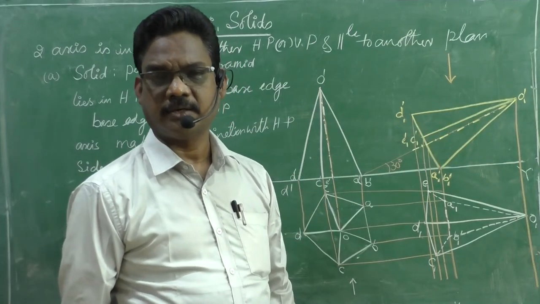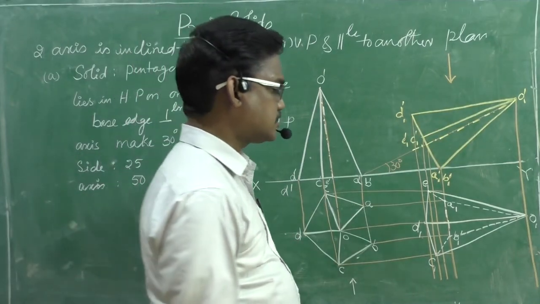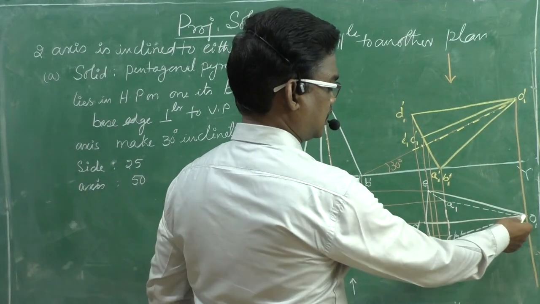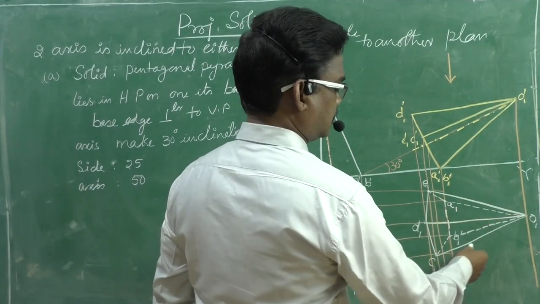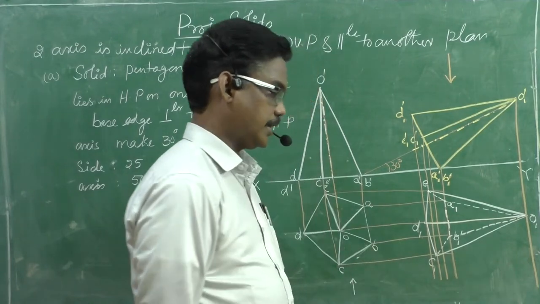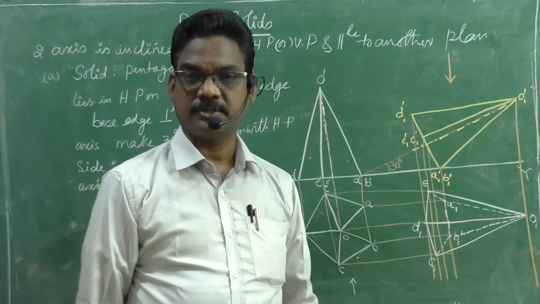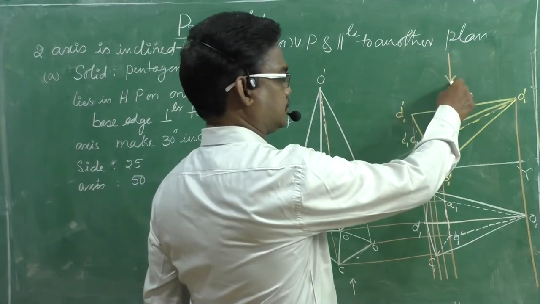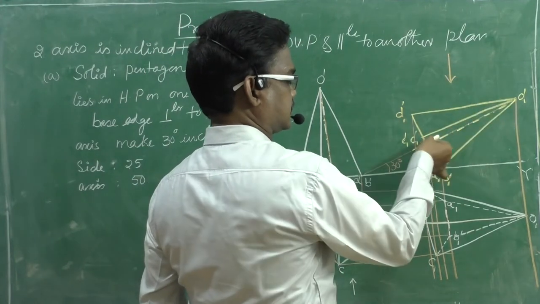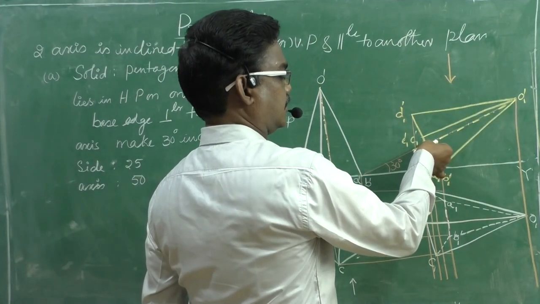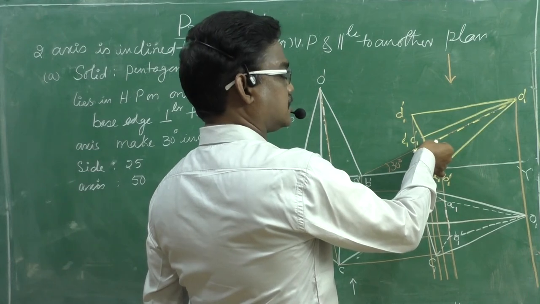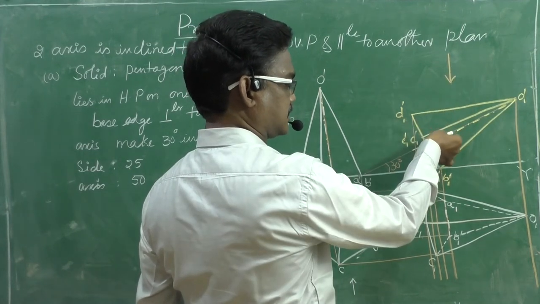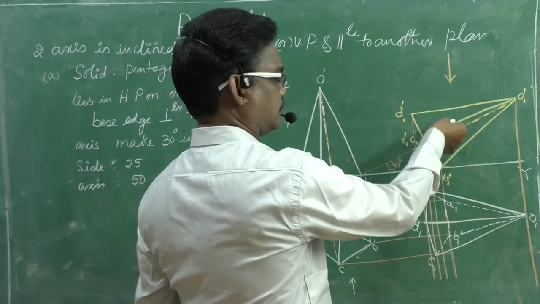That is the reason the outer profile must be a continuous line. Therefore, this is the outer profile. It is a continuous line. Next, the second point: this is the observer position. This is the axis. And the lines which are in between the observer and the axis, these lines are visible.